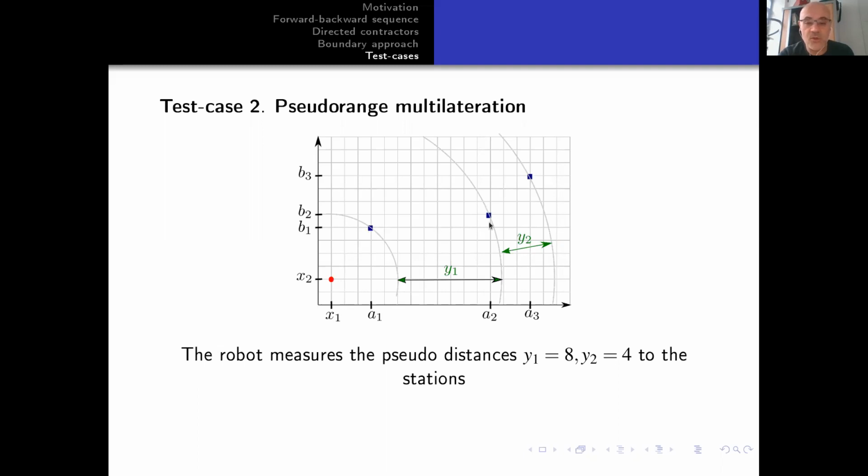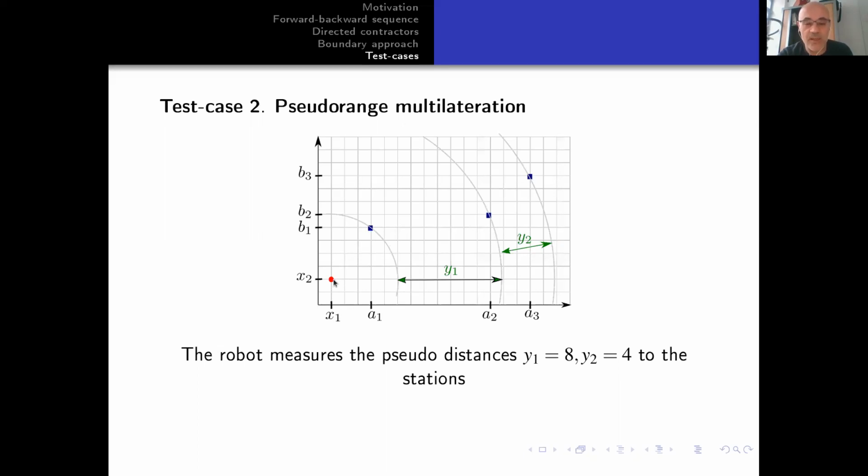But usually the emitters, the stations, emit the same sound or the same wave at the same time because they have good clocks, atomic clocks for instance, and they are all synchronized. So they send a sound, for instance, or a wave, and we receive it.